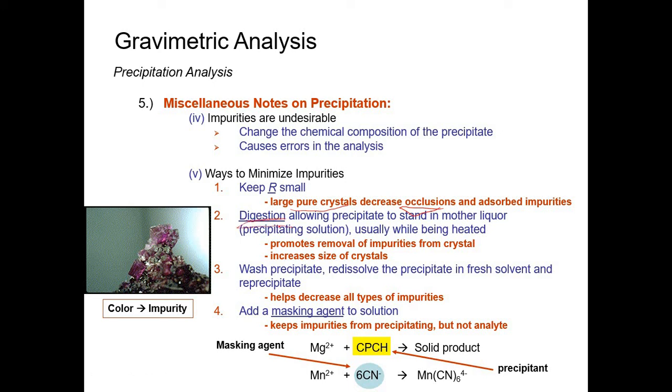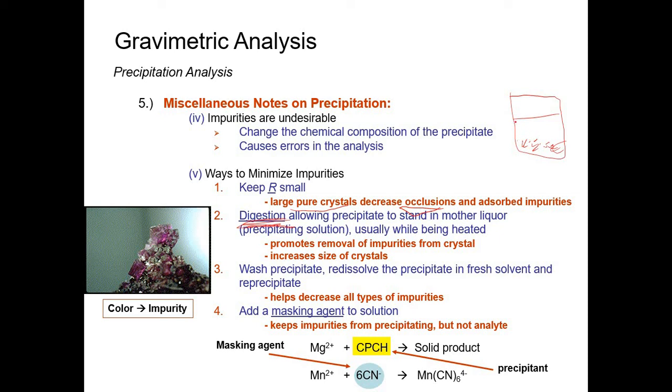Digestion. Digestion is a process of allowing the precipitate to stand in the mother liquor, or the precipitating solution, usually while being heated. So for example, you're precipitating silver chloride. The silver chloride has precipitated there, but a possibility is that the silver chloride precipitate contains impurities. If it contains impurities, you can do digestion.